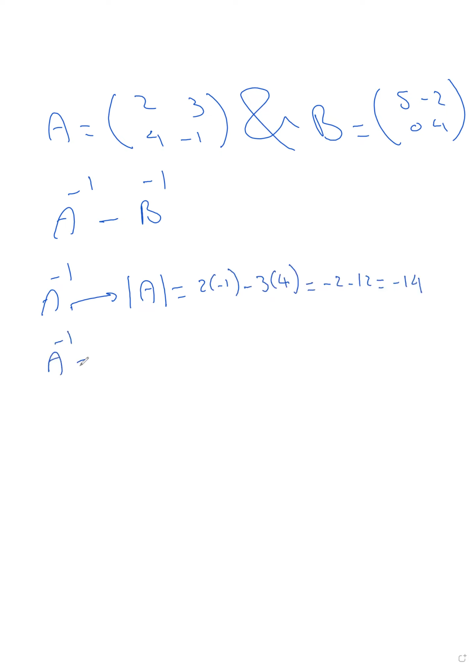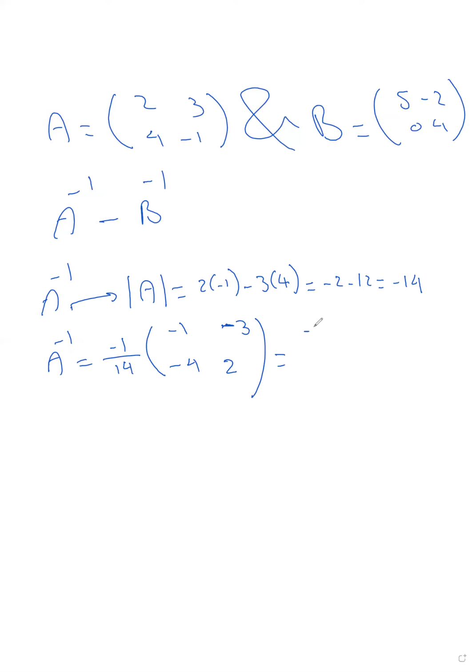A power of negative 1 equals 1 over the determinant of A times negative 1 and 2, which means change the main diagonal and the signs of the other diagonal. Negative 1 and 2, then negative 3 and negative 4.